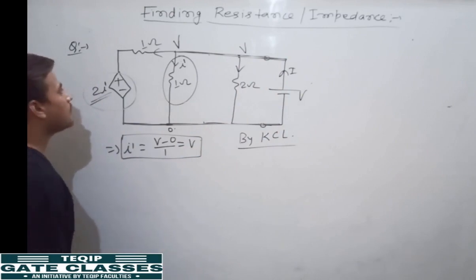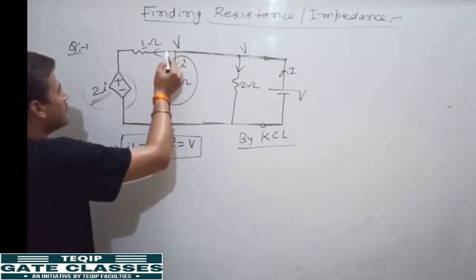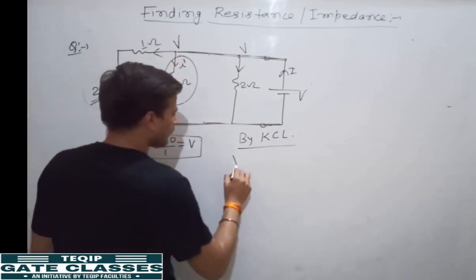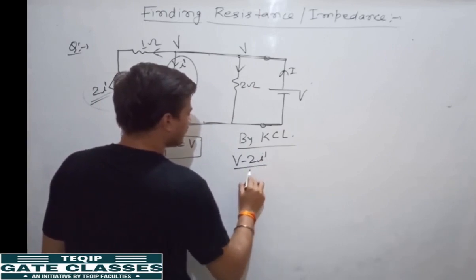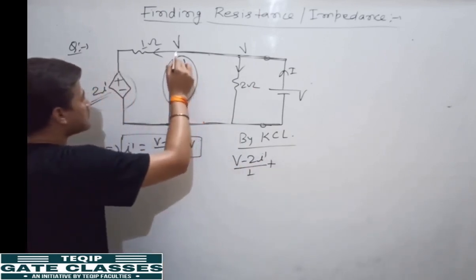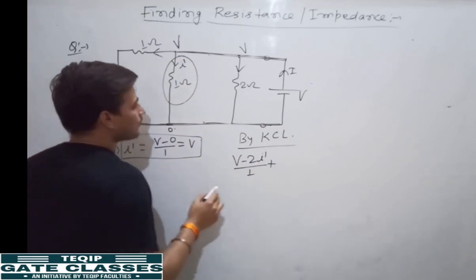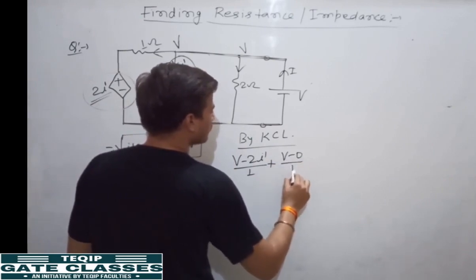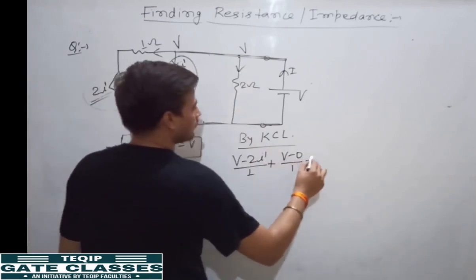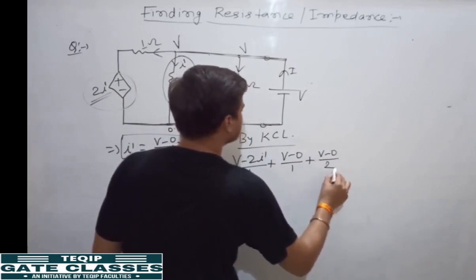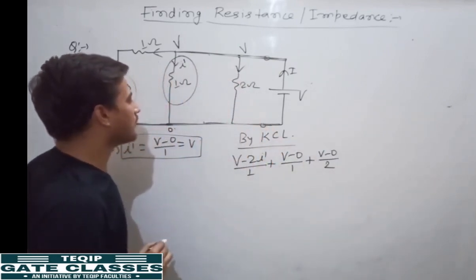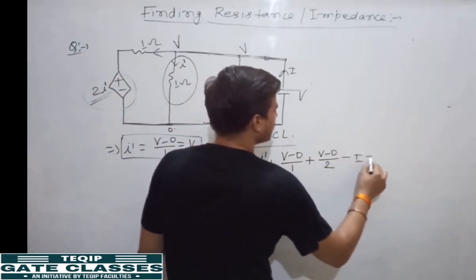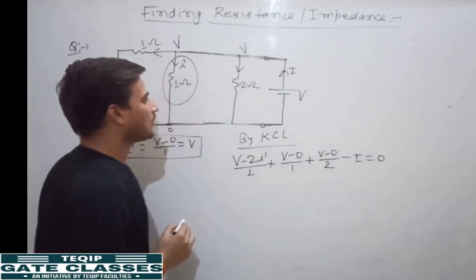So the current coming out from this one will be (V minus 2I dash) divided by 1, plus the second one is (V minus 0) by 1, plus the third one is (V minus 0) divided by 2, minus I will be equal to 0.